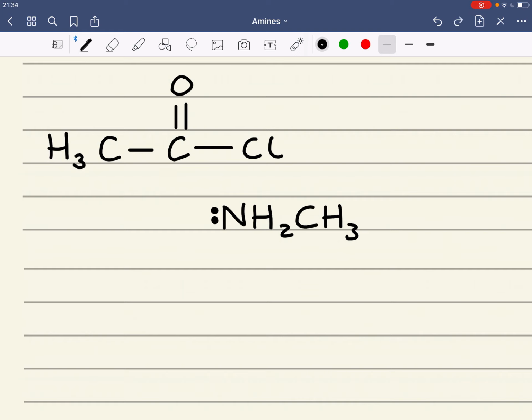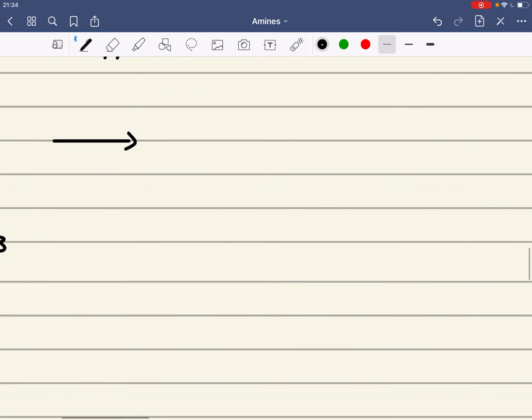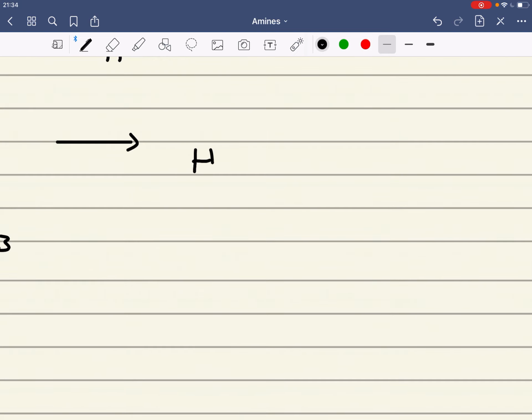So the lone pair on the N is used to form a bond with this carbonyl carbon. As this bond starts to form, the pi bond will break and we get the following intermediate structure. We call it a tetrahedral intermediate because there are 4 bonds to this carbon.